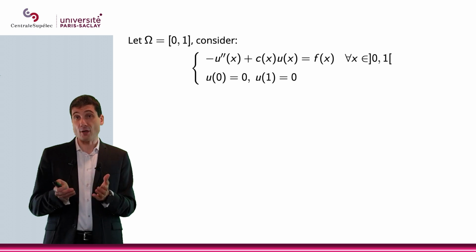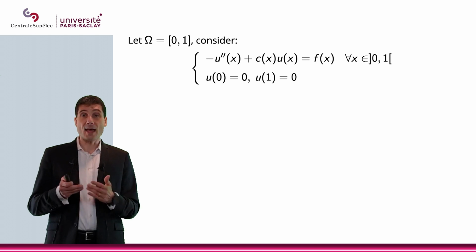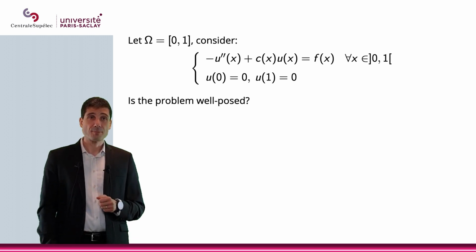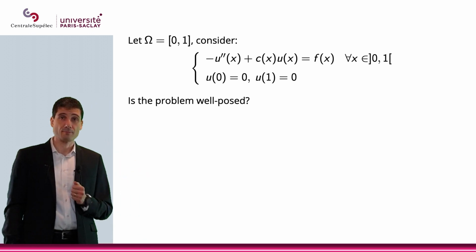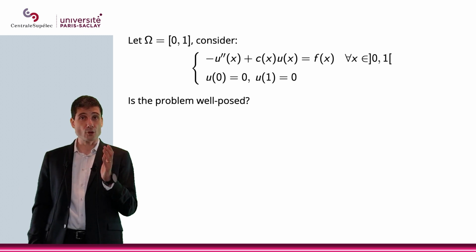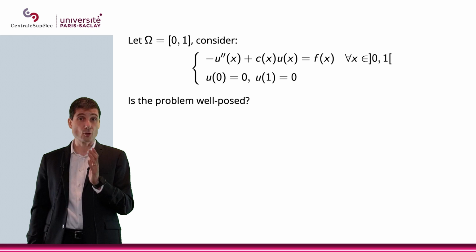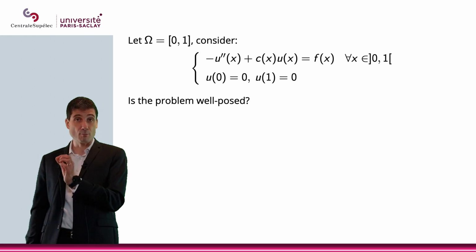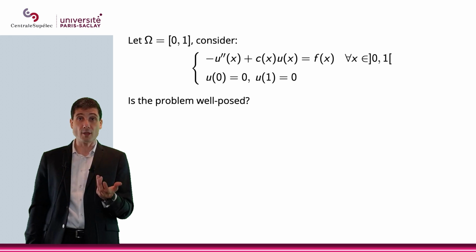Now, c is a given function, and f is also a given function. The question is: is this problem well posed? In other words, do I have a solution? Is this solution unique? And is the solution continuously dependent on f? In other words, if I have a small variation on f, do I have a small variation in my solution?